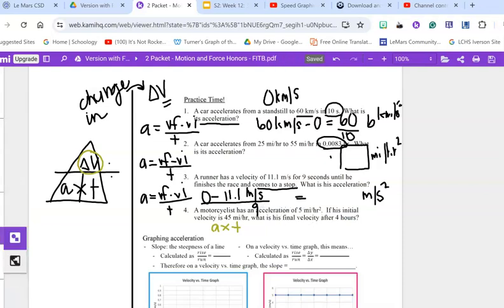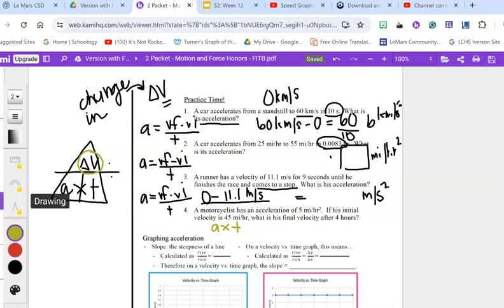So his acceleration is 5 miles per hour times the time of 4 hours. Now you're going to get an answer there. 5 times 4 is 20 miles per hour. But that is not what you're looking for.